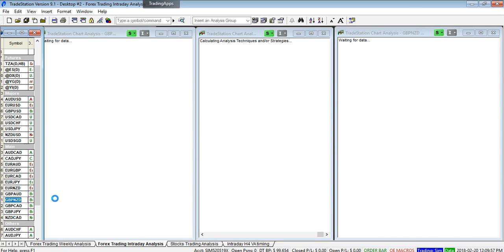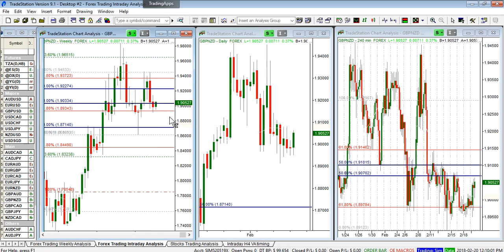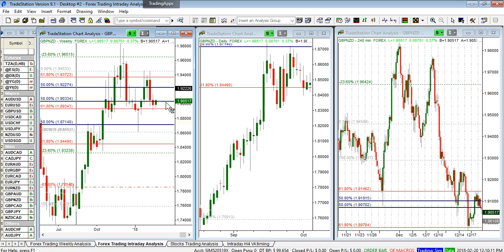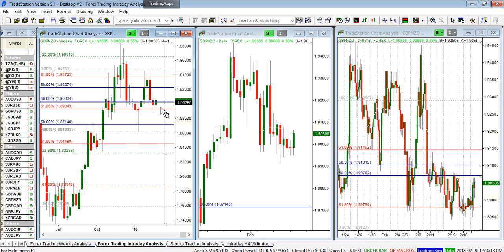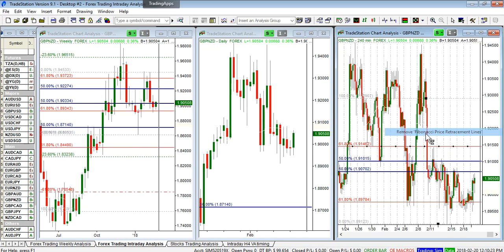Pound versus New Zealand dollar, similar situation here, much less technical market. In fact, this market is featuring a sideways move, and it could go higher to 192.27. That's where we could see this market moving to. On the smaller time frame, we see very little because of this big move here. There's not really a lot of structure.